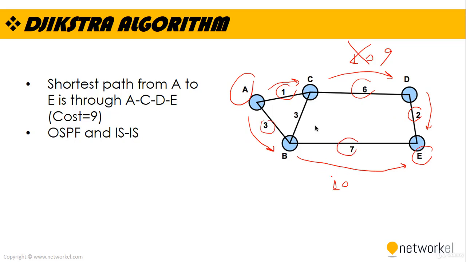And remember that if we were to use RIP in here, the metric would be the hop count, and this path this time would be preferred because we are using just one more hop to get to E, while we are using 2 hops in here.